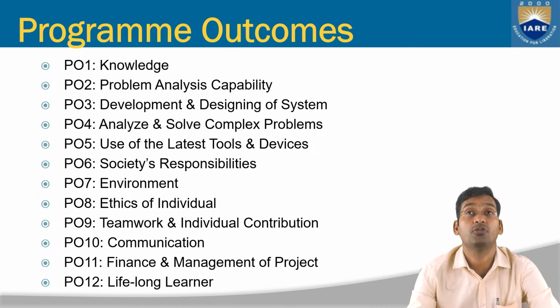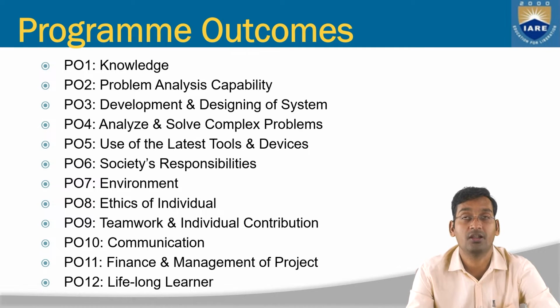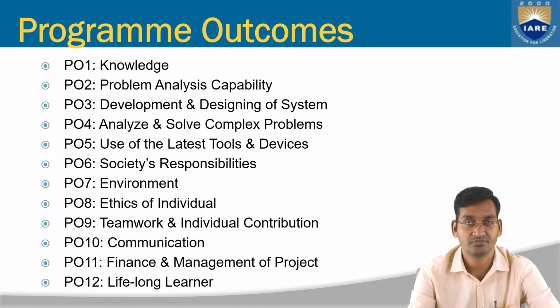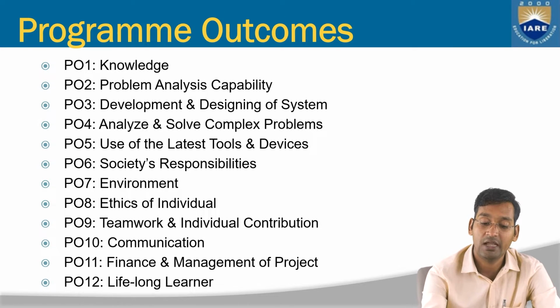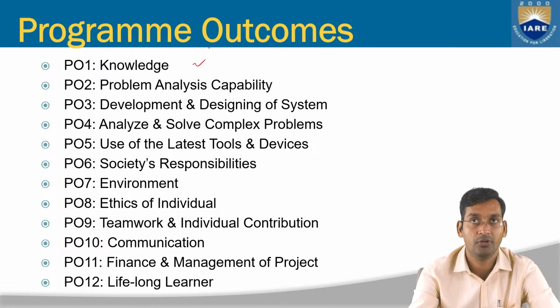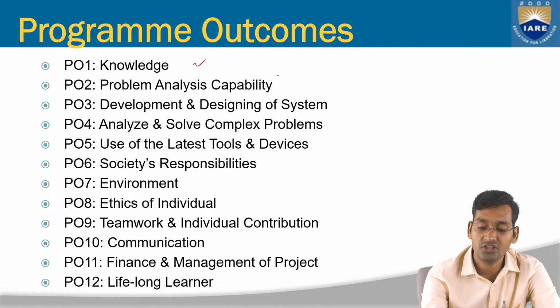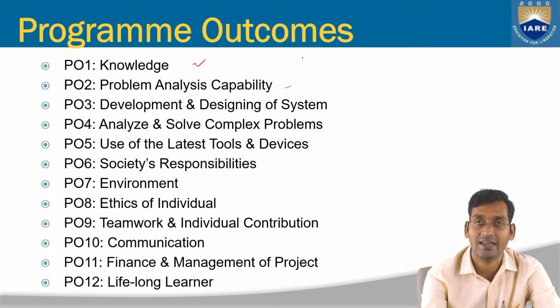Now, what will be the program outcomes for the analysis of aircraft structure? So PO1 is knowledge, PO2 will be what? Problem analysis capability, PO3 will be development and designing of system, PO4 will be analyze and solve the complex problem. First, the knowledge should be there. After we have the knowledge, the student will have the problem analysis capability.